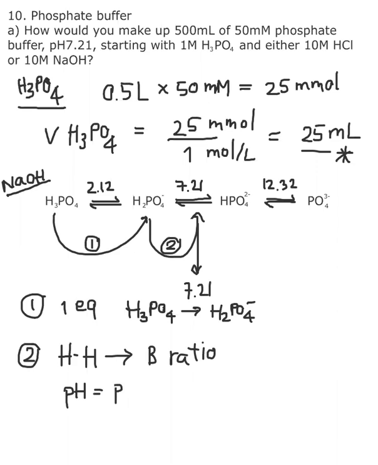So you basically don't need the Henderson-Hasselbalch equation, because if the pH equals the pKa, the acid to base ratio equals 1. You would have 0.5 equivalents in acid form and 0.5 equivalents in basic form.